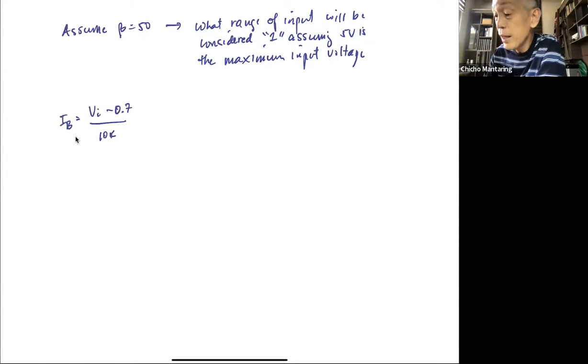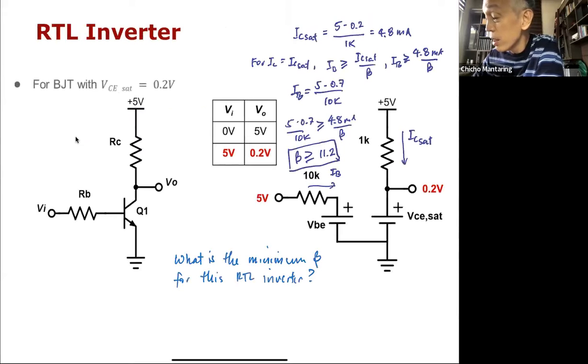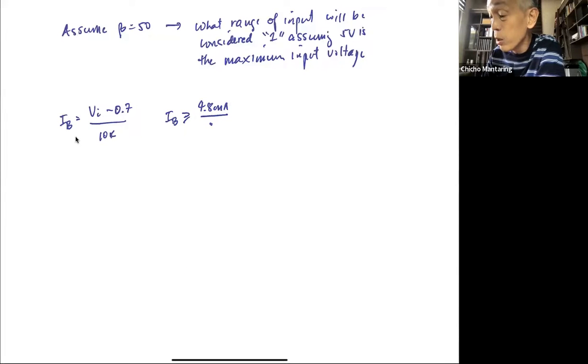Okay, and IB, we said, should be greater than or equal to 4.8 mA over beta. So ito yun, ano? IB should be greater than or equal to 4.8 mA over beta, but we said that beta is equal to 50.